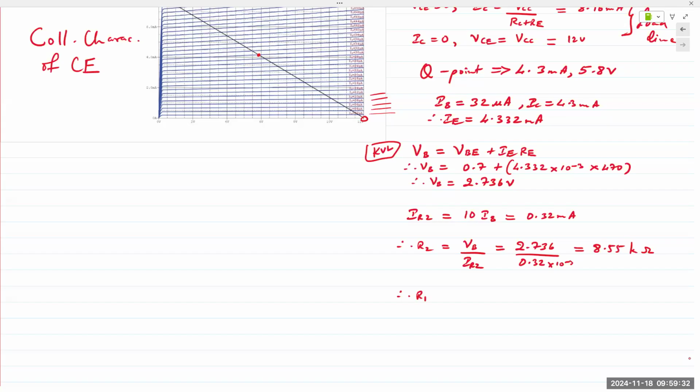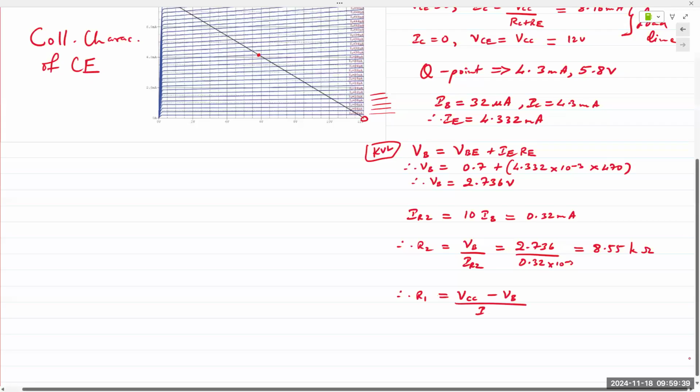One final value remaining is R1, which would be VCC minus VB over IR1. For IR1, apply KCL between R1 and R2 at the base, and you obtain IR1 is equal to IB plus IR2.